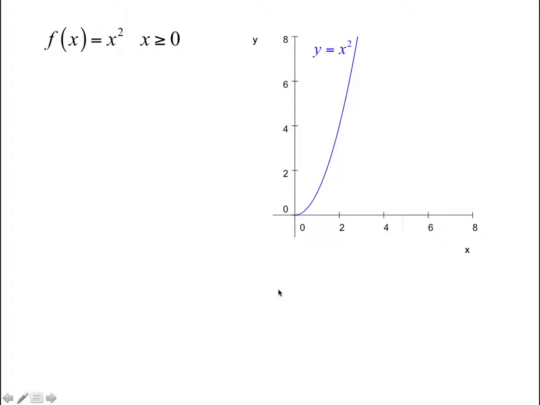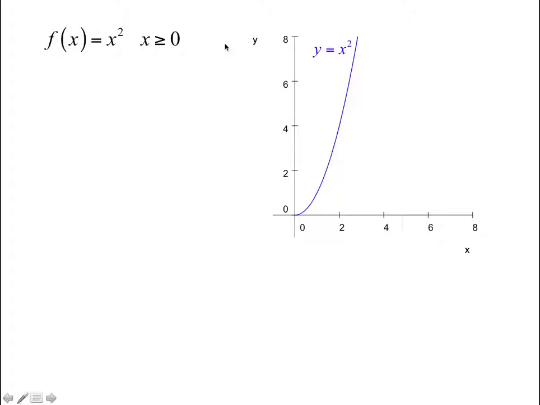So let's start by taking a look at this function. And I'm taking this function at positive values of x. You know that this is a parabola. We work with this function all the time, right? It looks like this, and it continues to go up on this side of the axis.